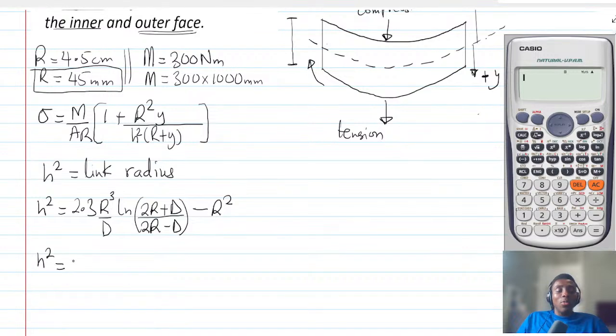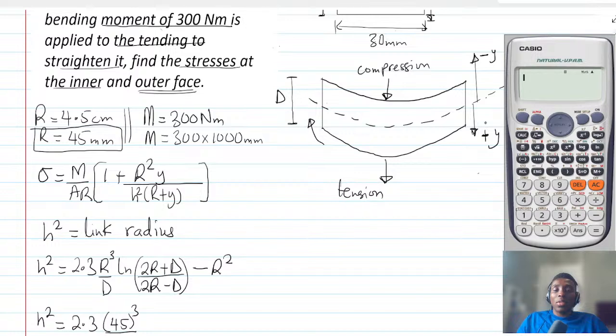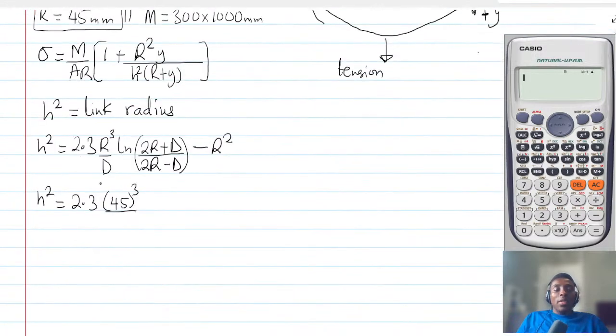So h squared will be 2.3 times r, which is 45 cubed, then I divide it by the depth. The depth is, like I said, this side. So this is the d, and it is actually 30.